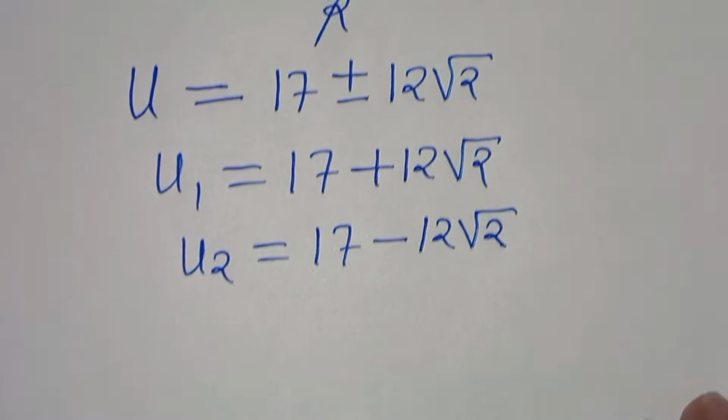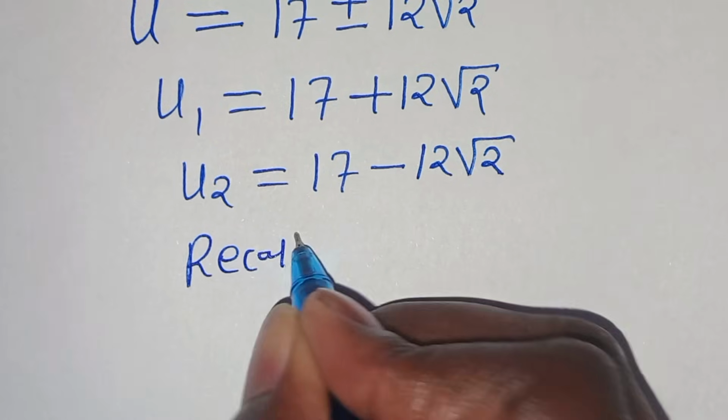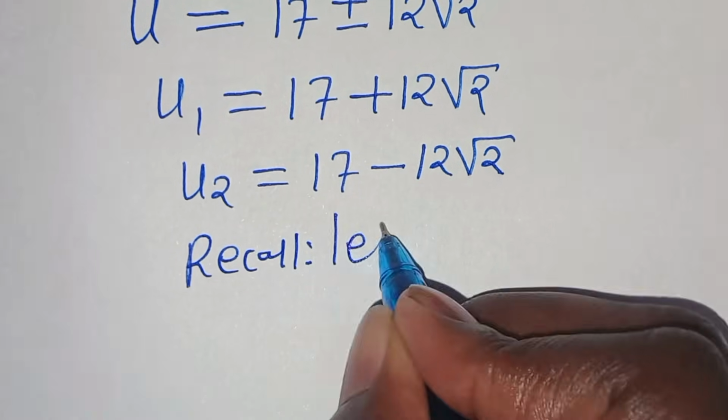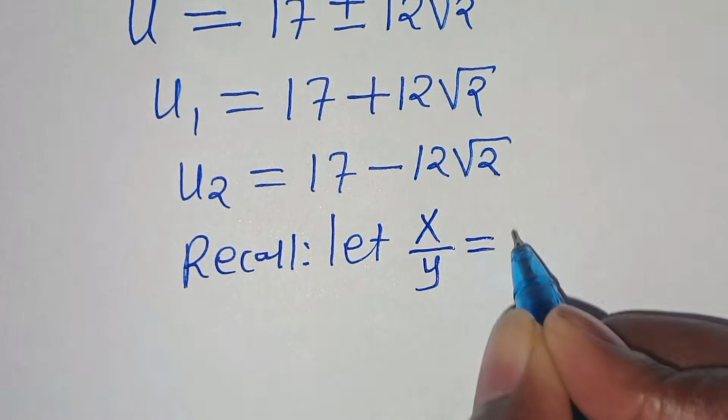Now, if you recall, we assumed that x over y is equal to u.